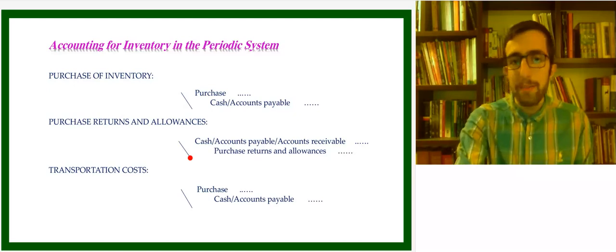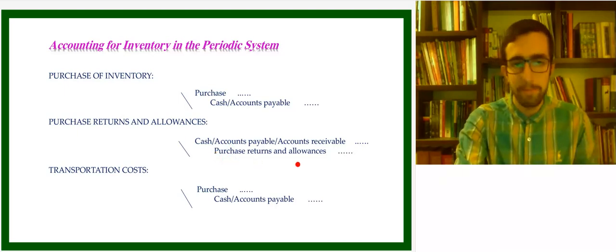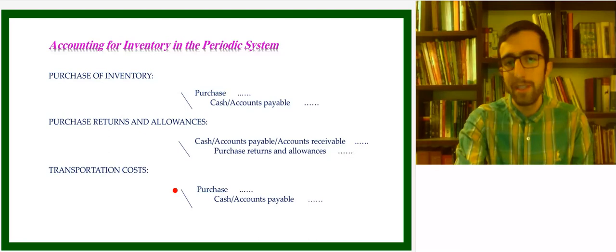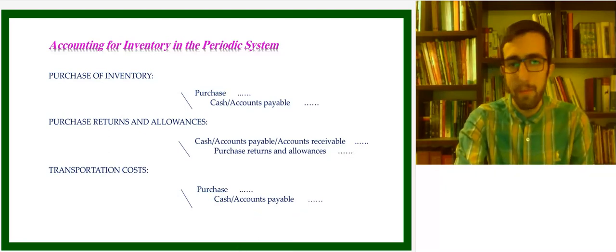We make debit cash, accounts payable or accounts receivable, and purchase returns and allowances on the credit side. And about transportation costs, we make purchase account debit and cash or accounts payable credit.